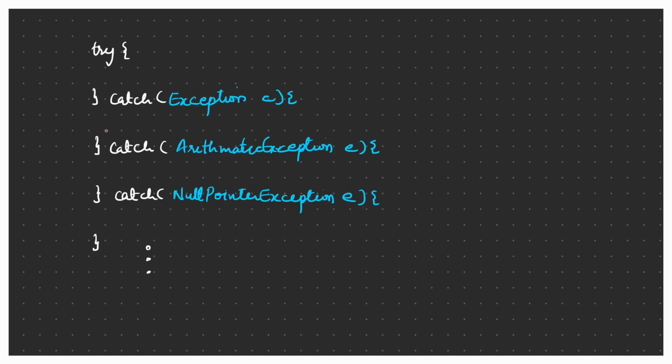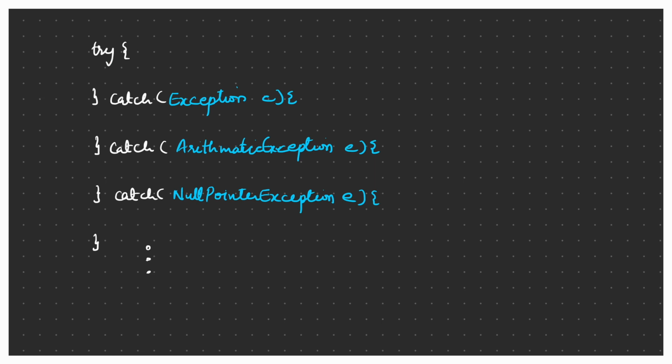So let me write it. We have a try block and three catch blocks corresponding to it. First one is for handling Exception, second for ArithmeticException, and third for NullPointerException. Now let's say this try block throws some exception. It will search for the nearest catch block that can handle that exception.